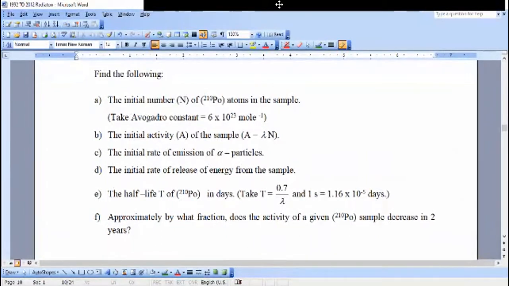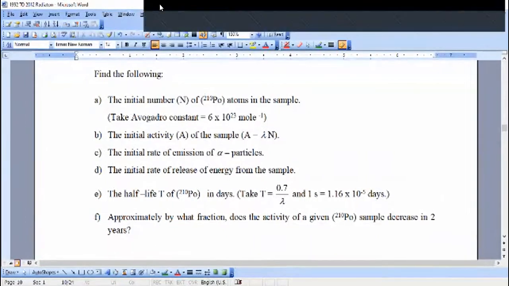Somebody please read sub-question D. The initial rate of release of energy from the sample. How much energy is released due to the decay of a single polonium atom here? We have calculated it here.